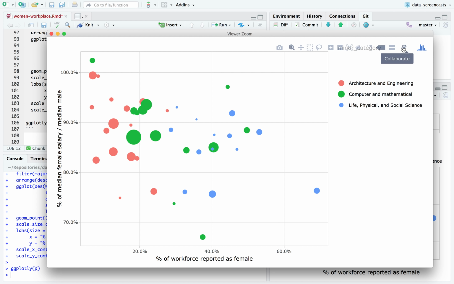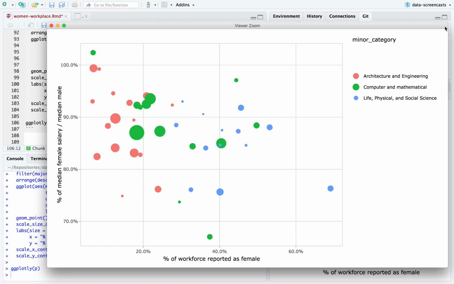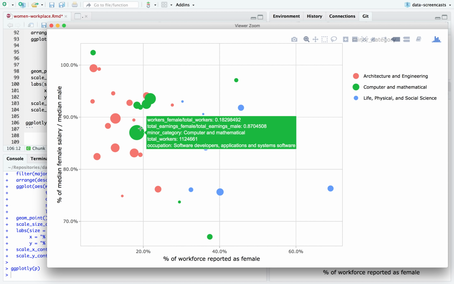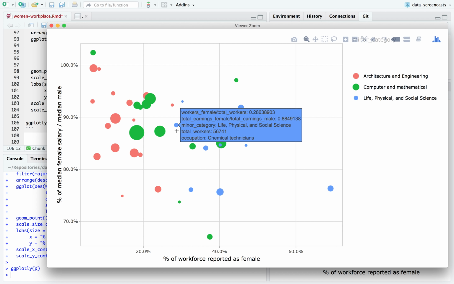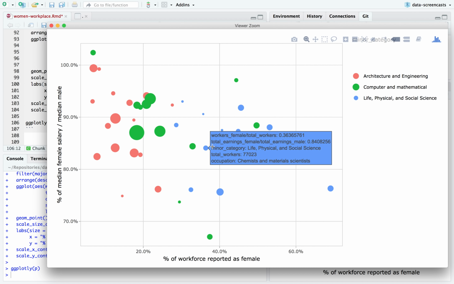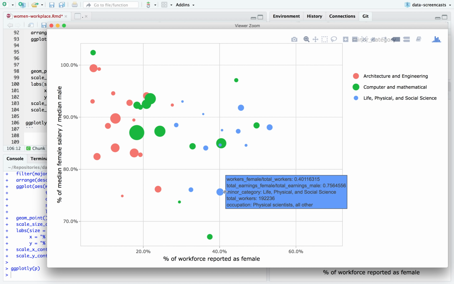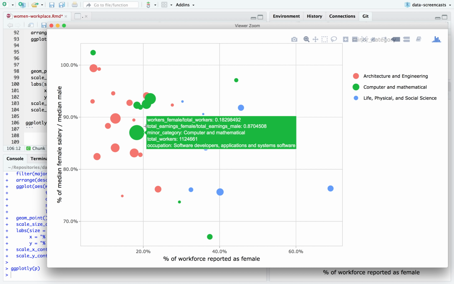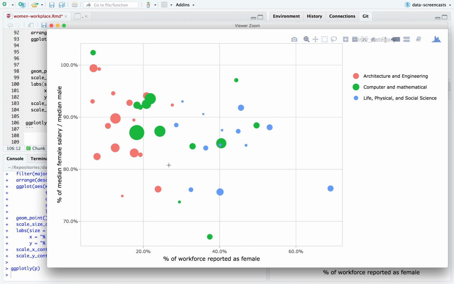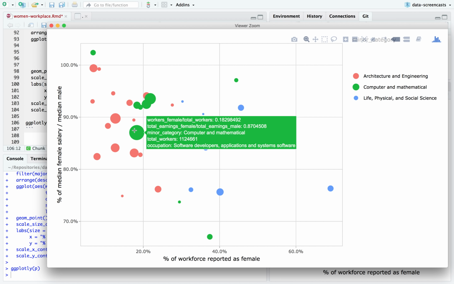Yeah, so this exploration is useful because what it's showing is that we can look at individual jobs and see where they fall, and we can look at some of the largest jobs, the one with the most people. Here's software developers, application and system software.